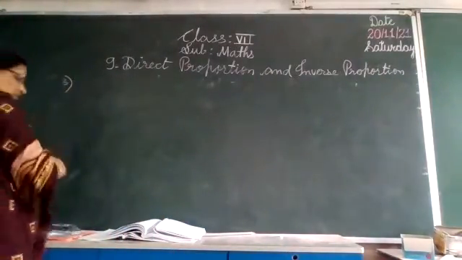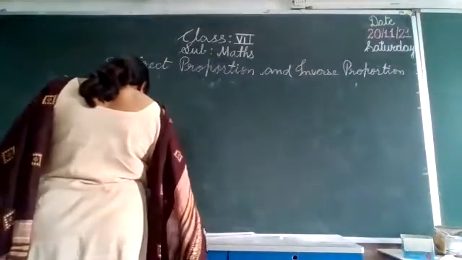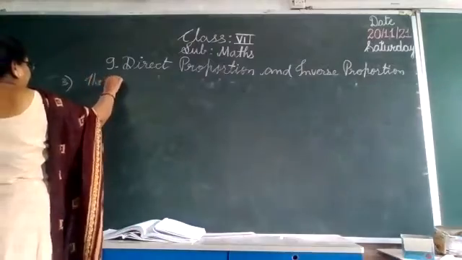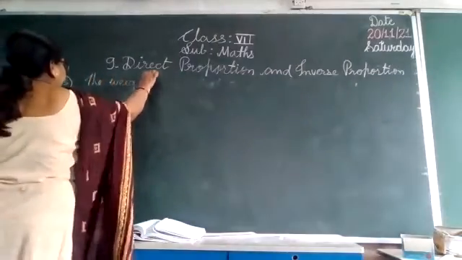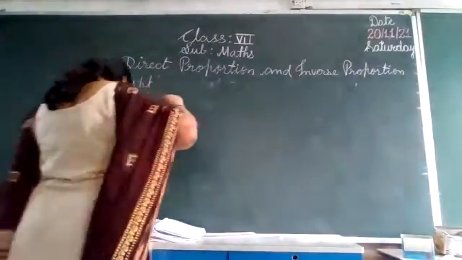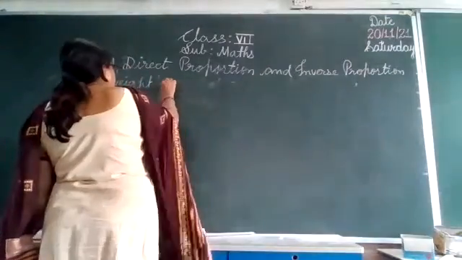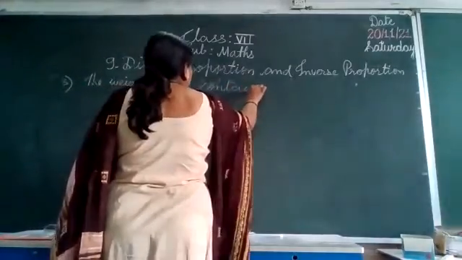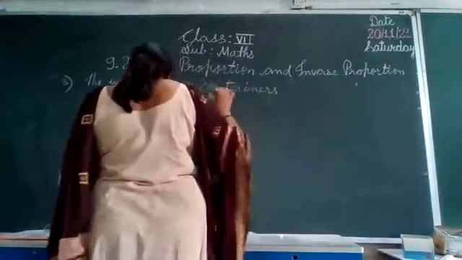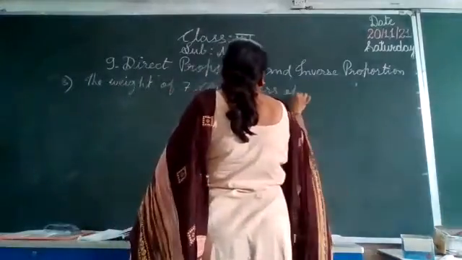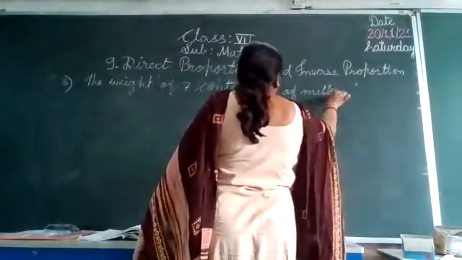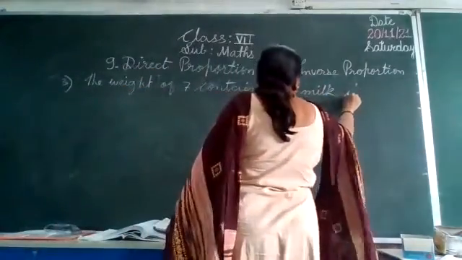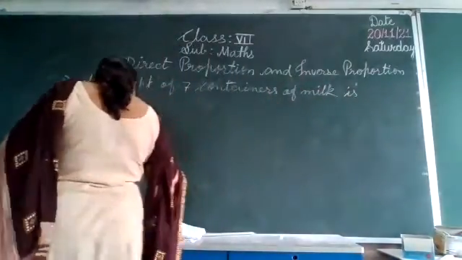Question number 3. The weight of 7 containers of milk is 224 kilograms.